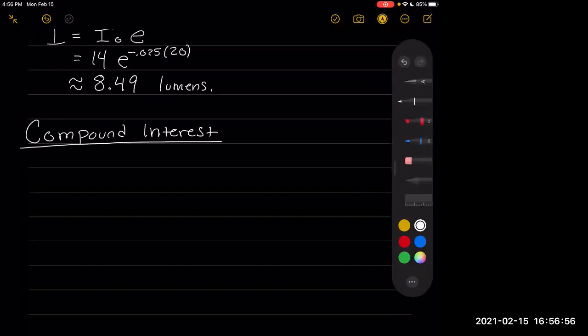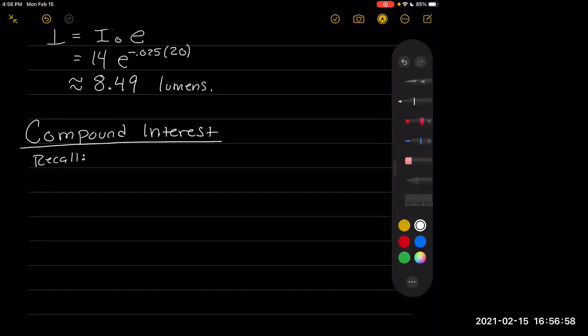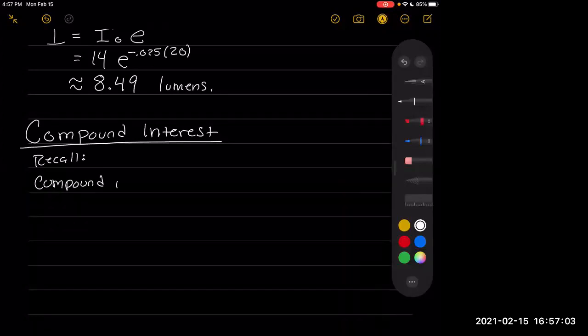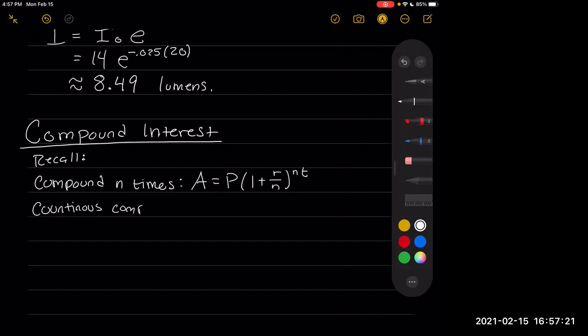So recall that if we compound n times a year, our equation is A equals P times (1 plus r over n) to the nt. And if we continuously compound, our equation is A equals P e to the rt.